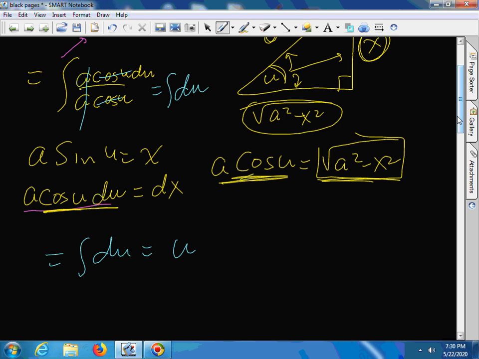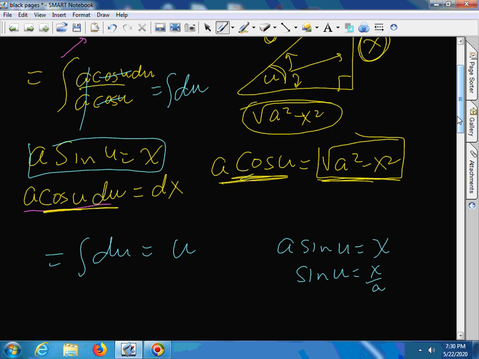Now, we need to be able to express u back in terms of x's. Well, we come here. We know that a sine of u is x. That means that sine of u is x over a.